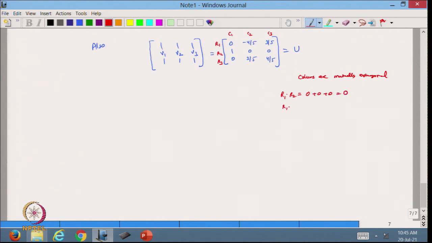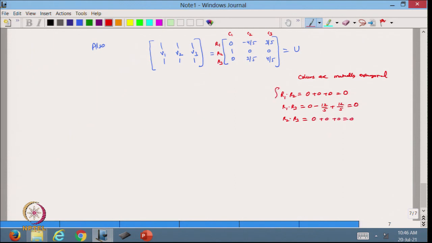R1 dot R3 is 0, and then from here it is minus 12 by 5 plus 12 by 5, so it is again 0. And R2 dot R3, if I take, is 0 plus 0 plus 0, that is 0.